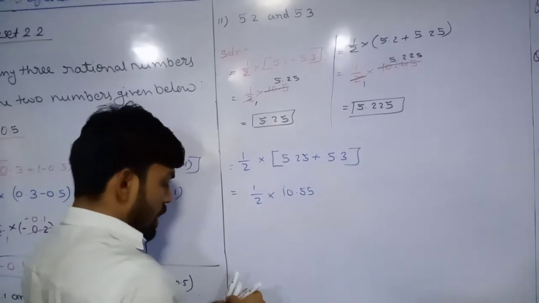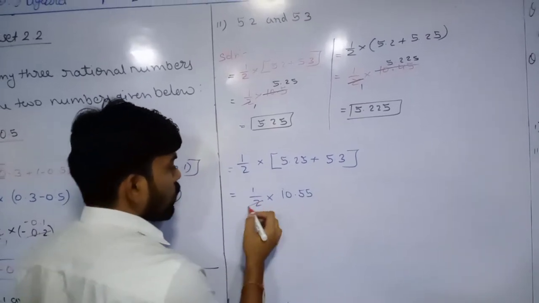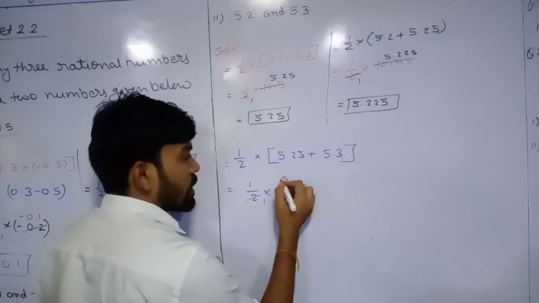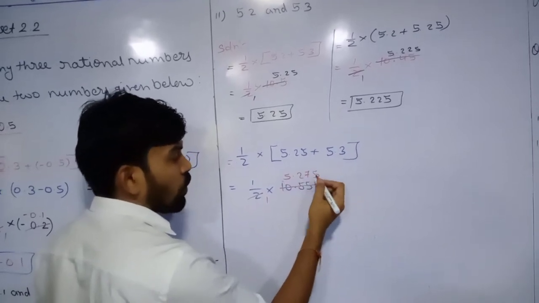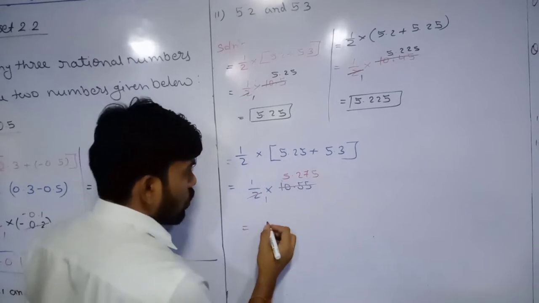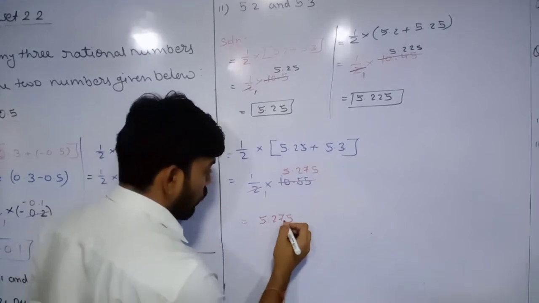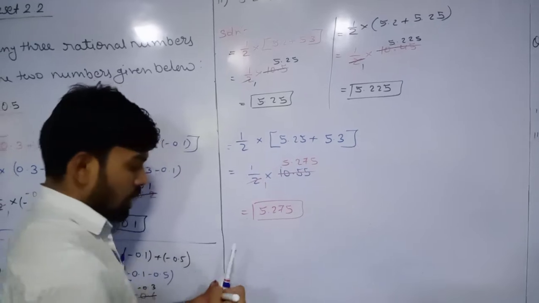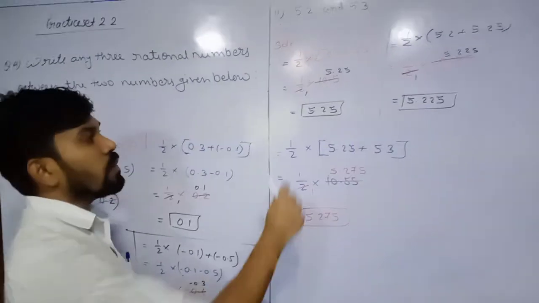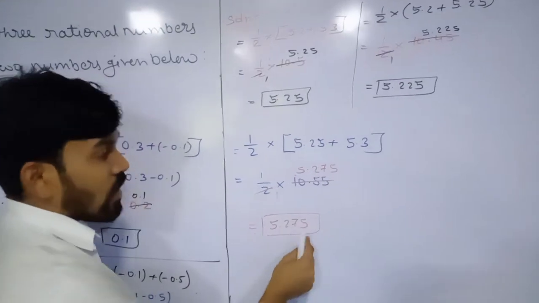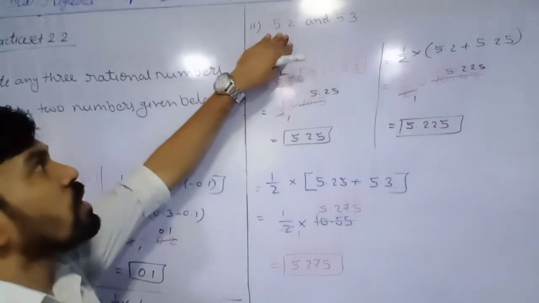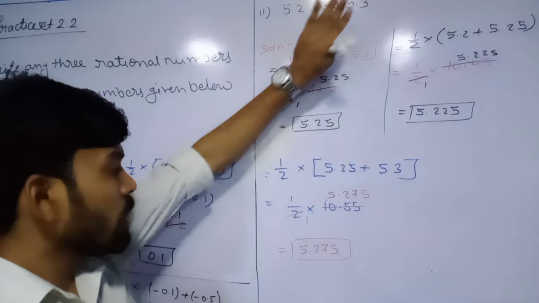So do the cancellation. 2 ones are 2, 2 5s are 10, 2 2s are 4, 2 7s are 14, 2 5s are 10. So 5.275. This is the third number. This way we found 5.25, 5.225, 5.275. These three numbers come between 5.2 and 5.3.